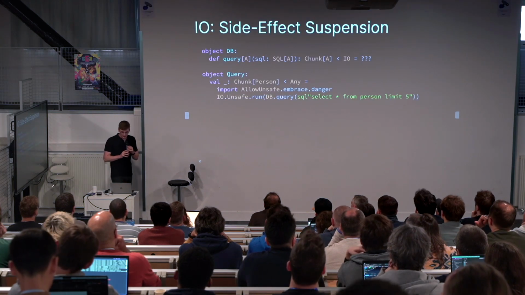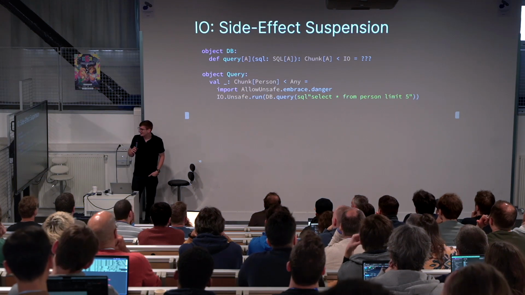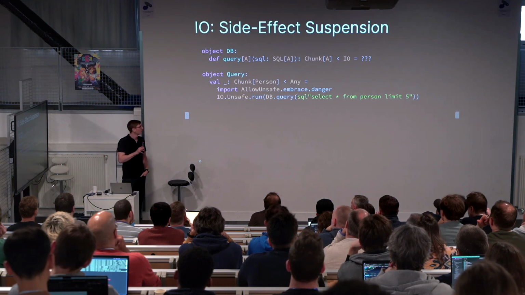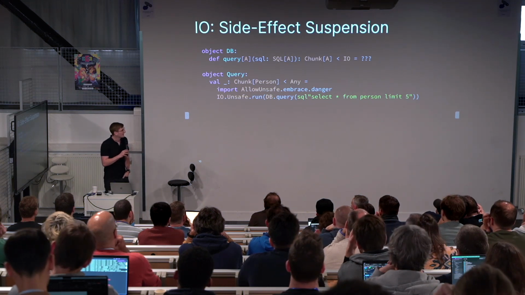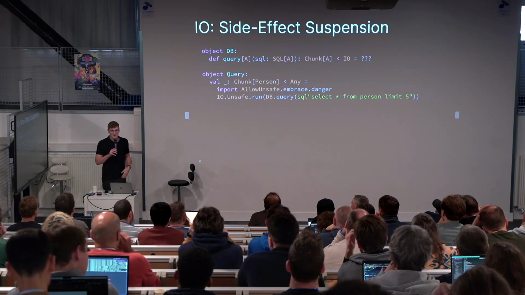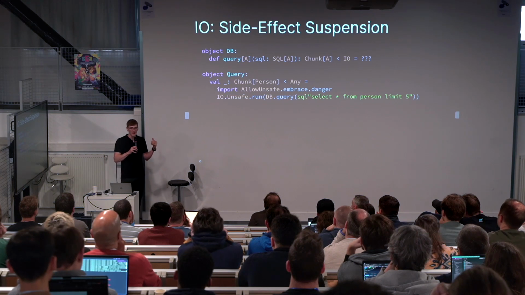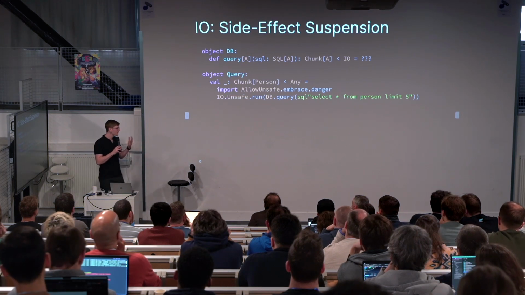So IO. The above expression is a little bit interesting because we all use IO in our code bases. But one of the things that's important here is that IO is not different from any other effect. It's actually just a tag, in the sense that IO is just a simple suspension.